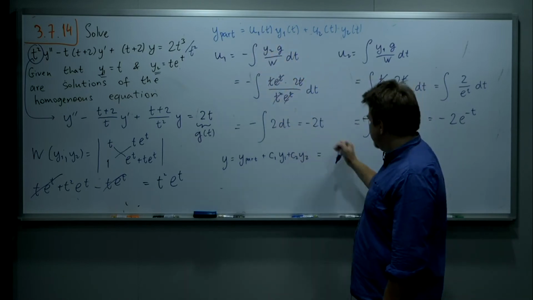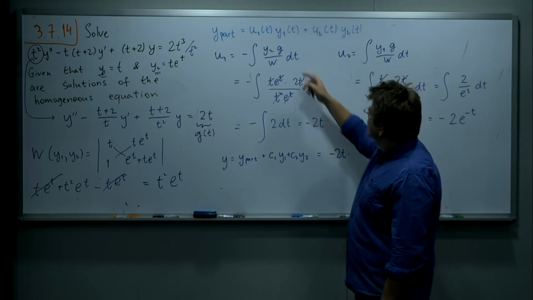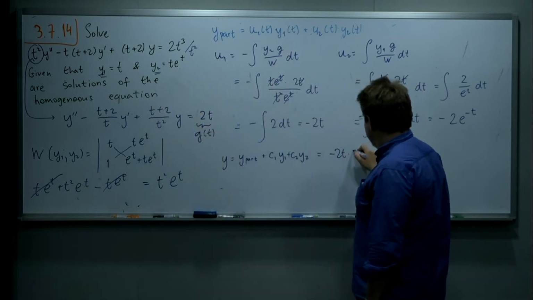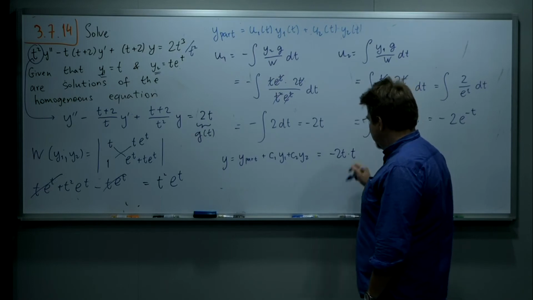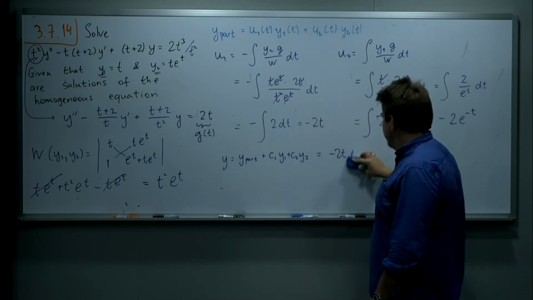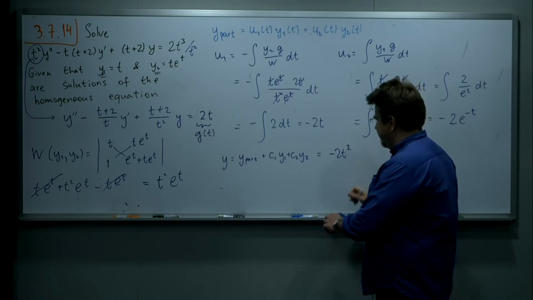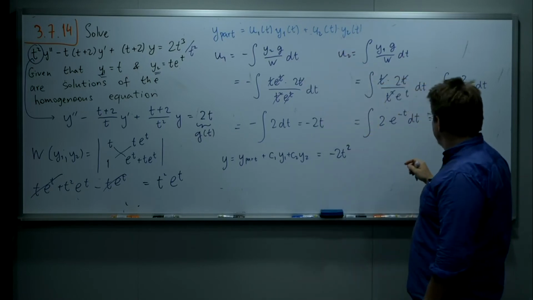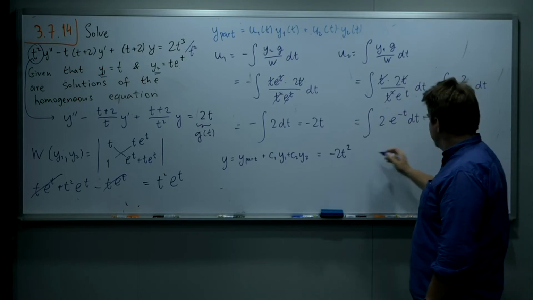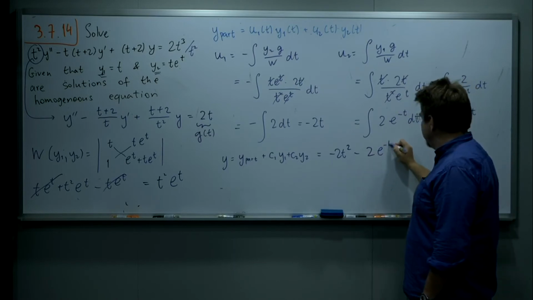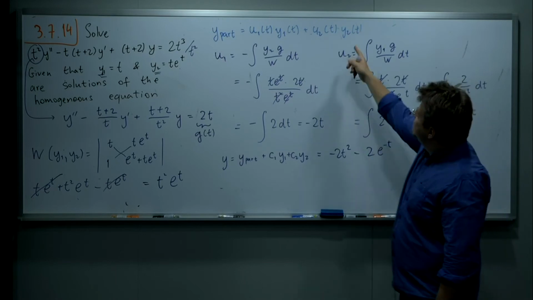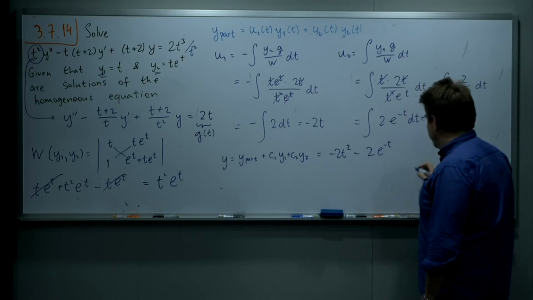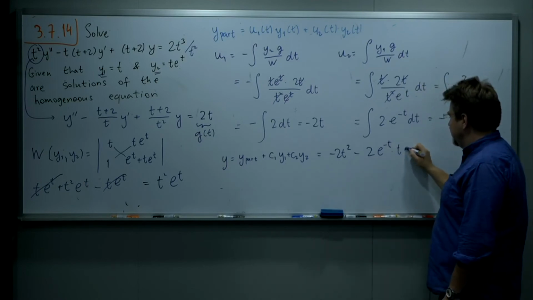So u1 is minus 2t, and y1 is t times t. So this is minus 2t squared. Plus u2 times y2 of t. So minus 2 e to the minus t times y2 of t, and y2 is t times e to the t.